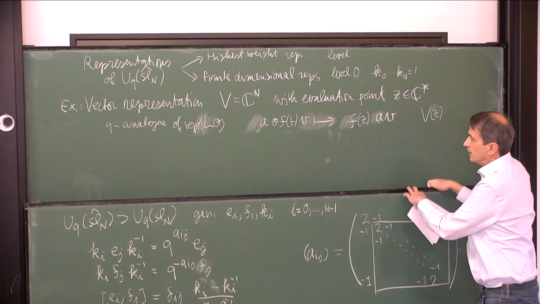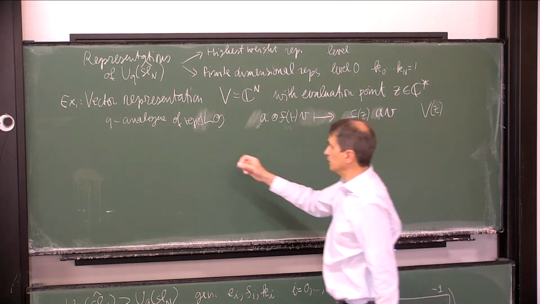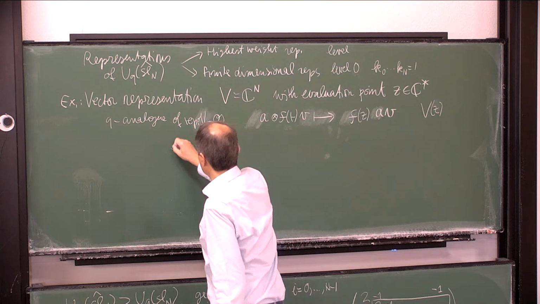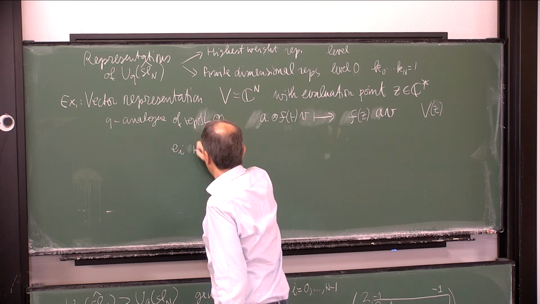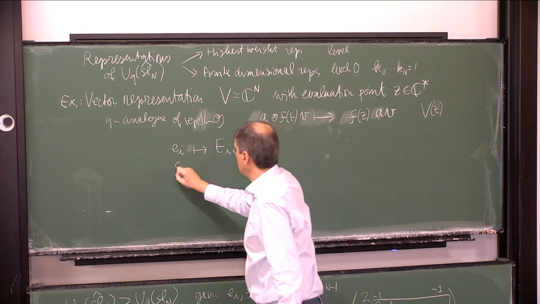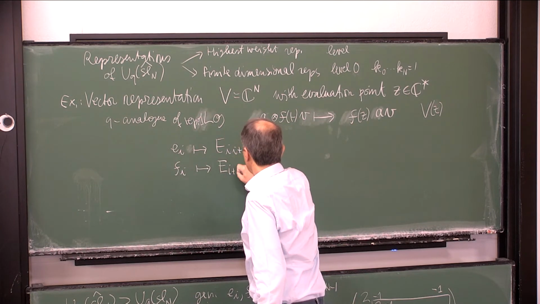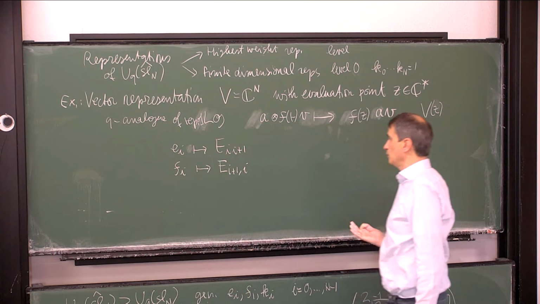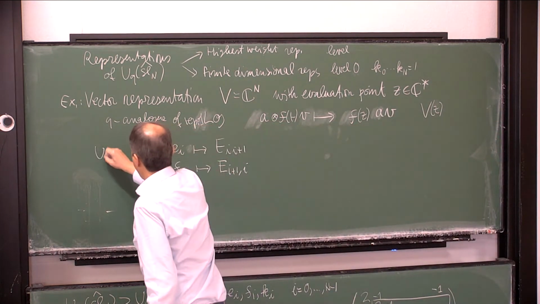And so, let me give you the formula. The formula will be the one you expect. So E_i will be mapped to E_{i,i+1}, and F_i to E_{i+1,i}.